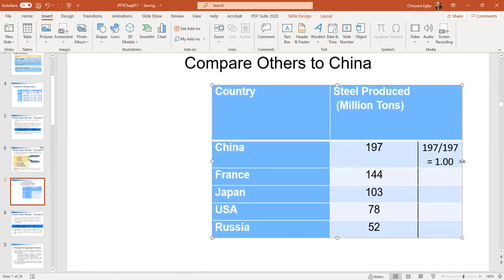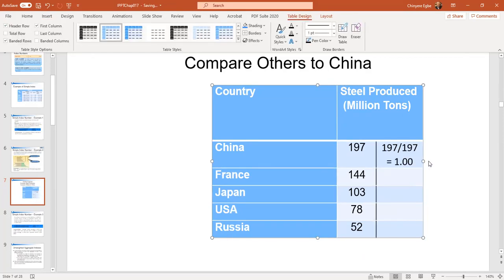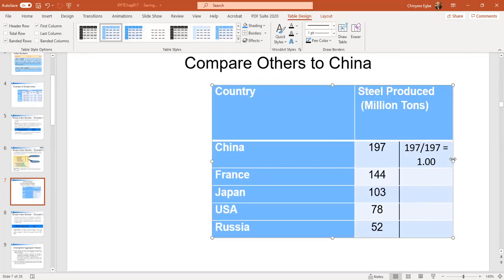All right. And here I'm going to take 144 to 197. And what does it give you? Can you give me the number? What's 144 over 197?